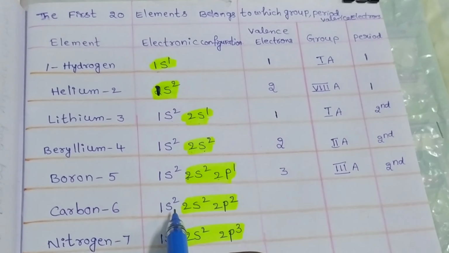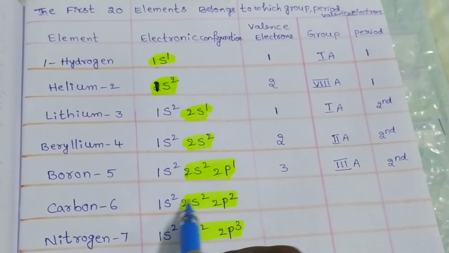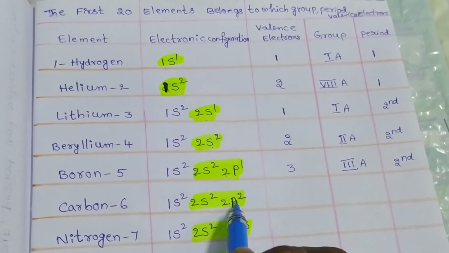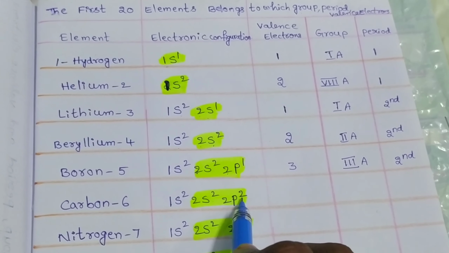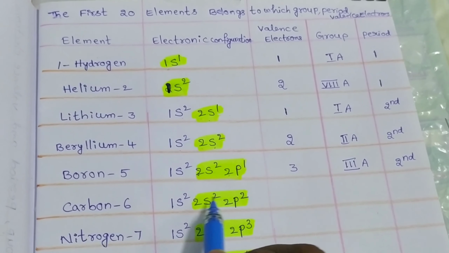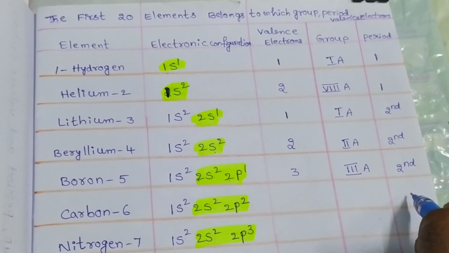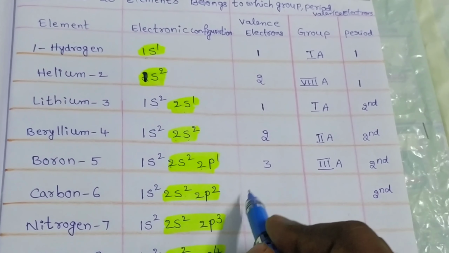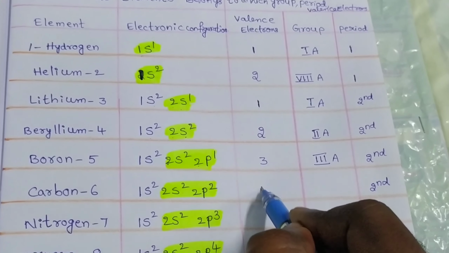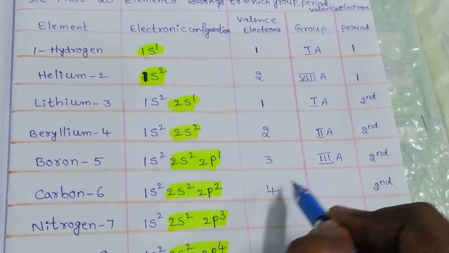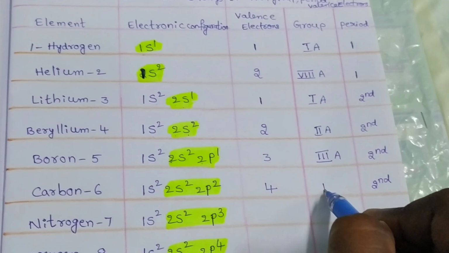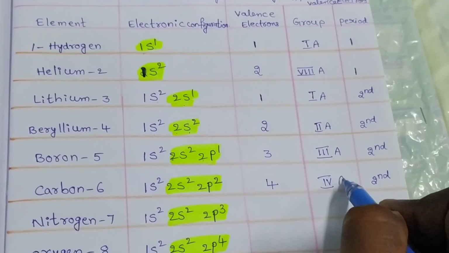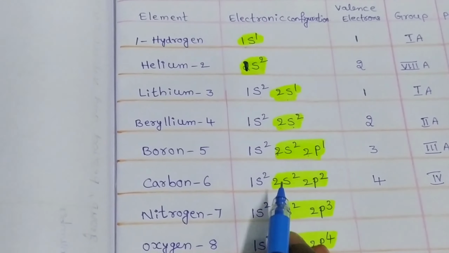Next, carbon. Electronic configuration is 1s2 2s2 2p2. The outermost orbit of carbon is 2, so carbon is present in second period. Here carbon contains 4 valency electrons, so carbon belongs to 4th A group in the modern periodic table.